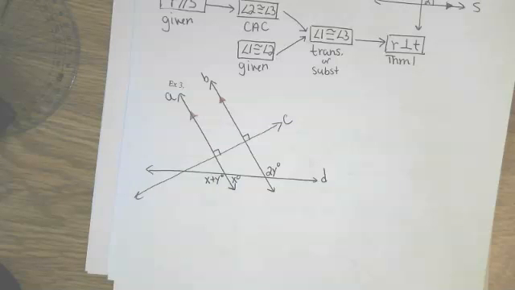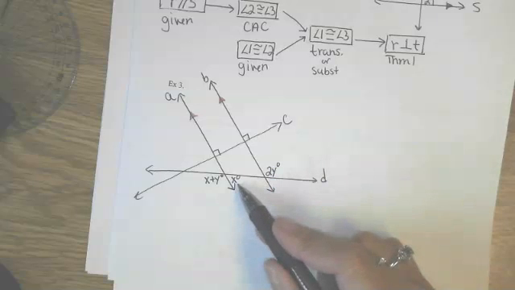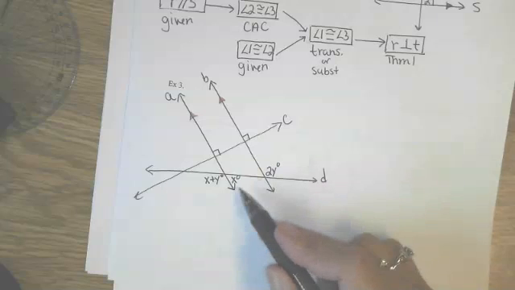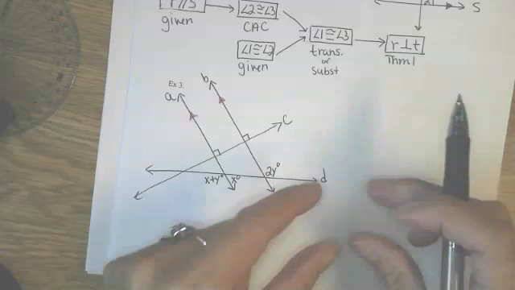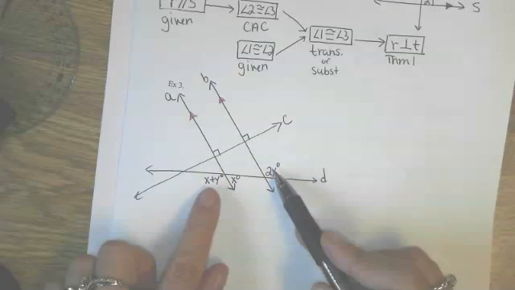Reese, what do you see? 2y would have to equal x because they're corresponding angles. These are not corresponding. Corresponding means you slide them over and they overlap. Anybody see anything else? Isabel? 2y should equal x plus y because they're alternate exteriors.